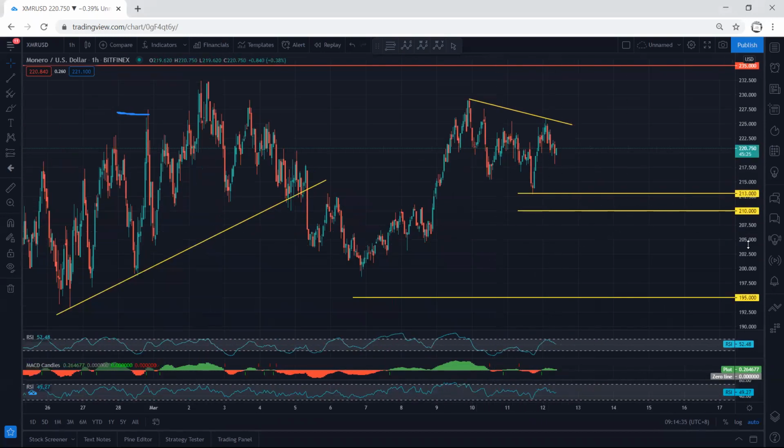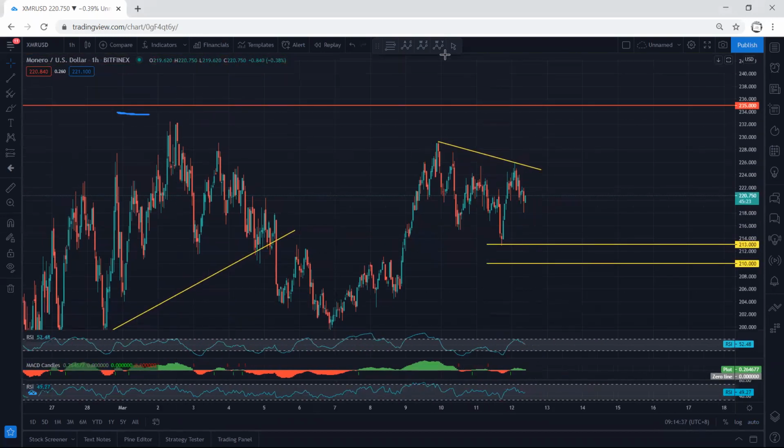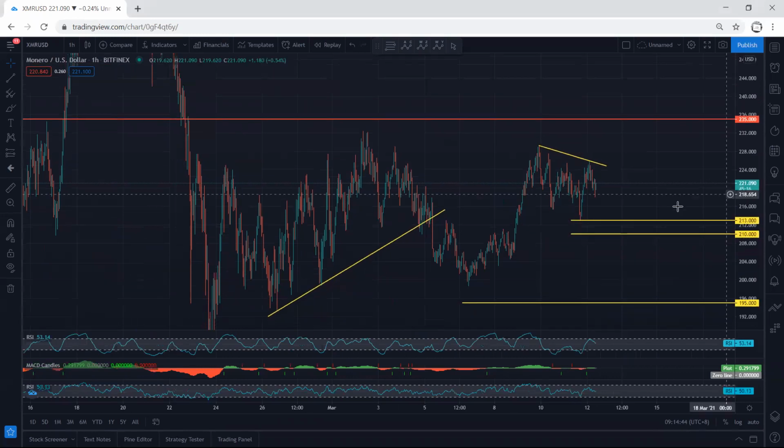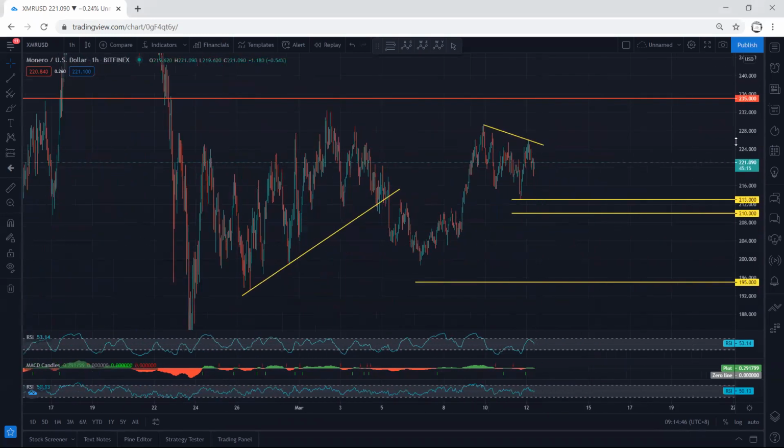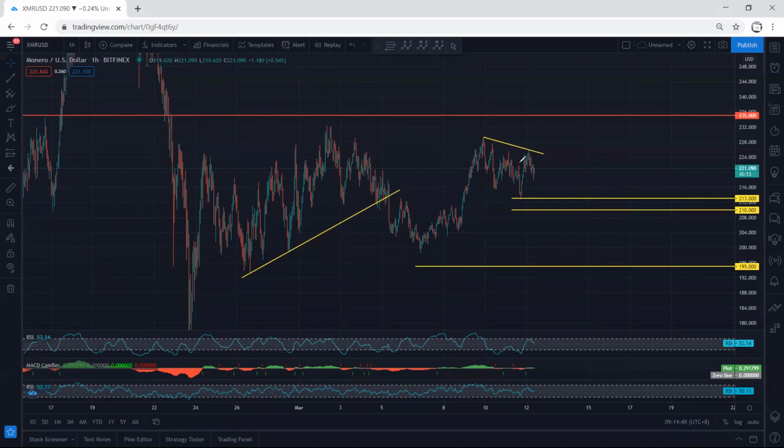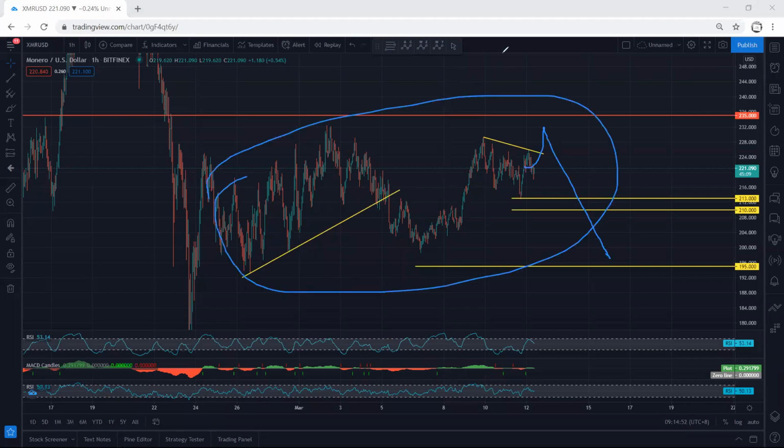What we want is for the price to break 232, because as we can see here, we are still within this corrective move. Easily the price can tag the top and reverse. This can turn into a bigger correction.